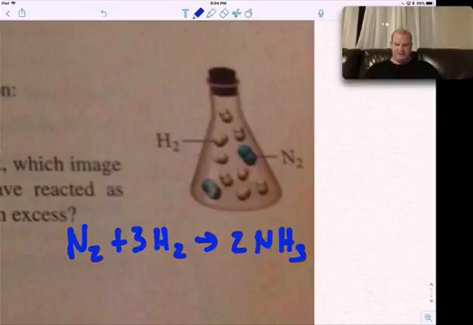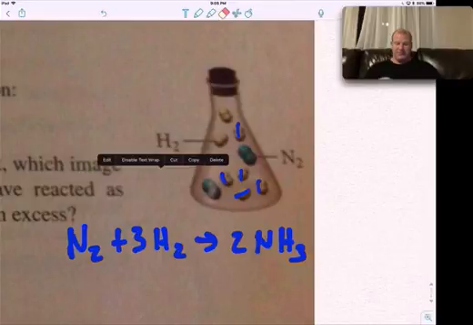Just looking at this, the number of hydrogens, we have 1, 2, 3, 4, 5, 6, 7, 8, and there are 2 nitrogens. For those 2 nitrogens, the limiting reagent, it would need 6 hydrogens. So we're going to react 6 of those hydrogens, and we're going to have 2 hydrogens left over, and we're going to form 4 ammonias, right? So if 2 nitrogens react, we're going to have 4 ammonias.